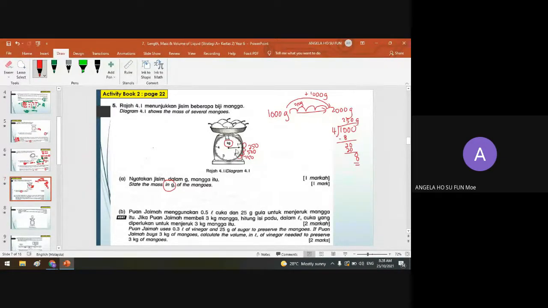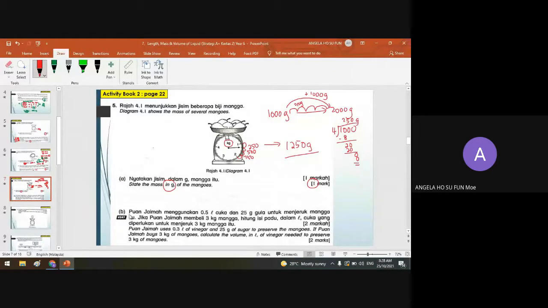So tell me, the pointer of the weighing scale here shows how many gram? Boys and girls, how many gram here? 1,250 gram. Yes, this is 1,000 plus 250. So altogether is 1,250 gram. This is 1 mark.